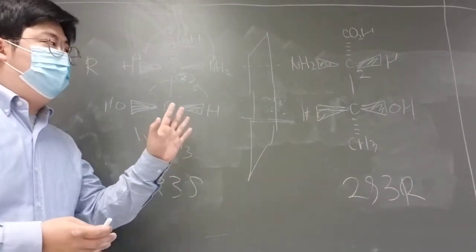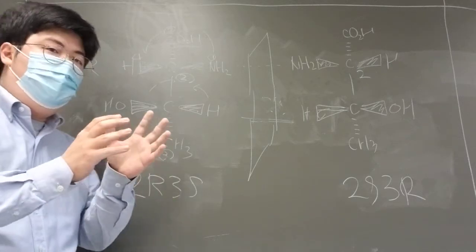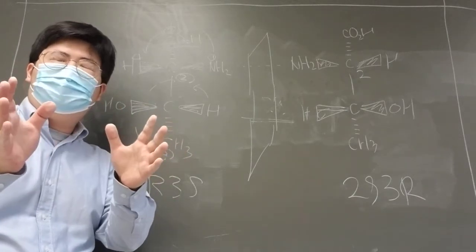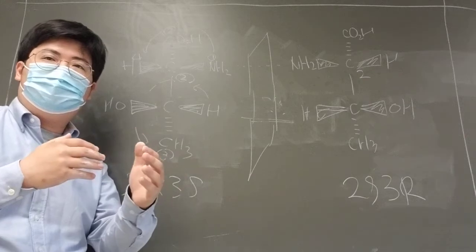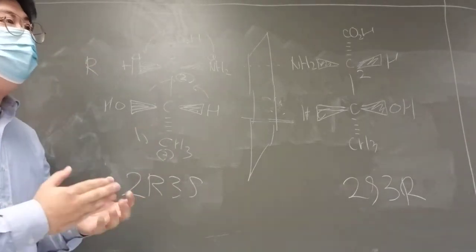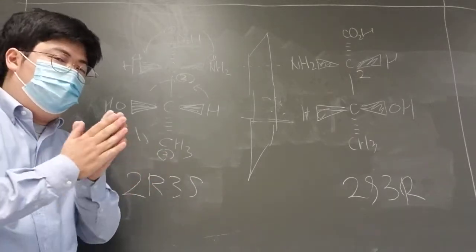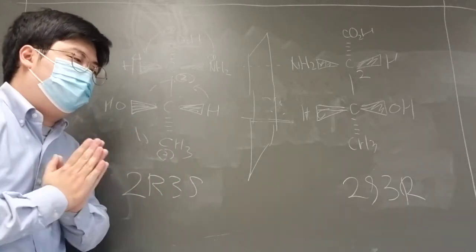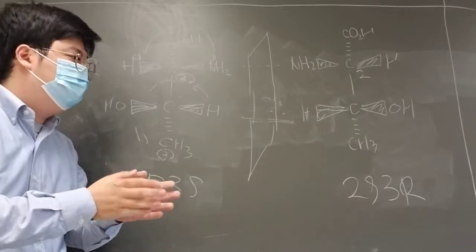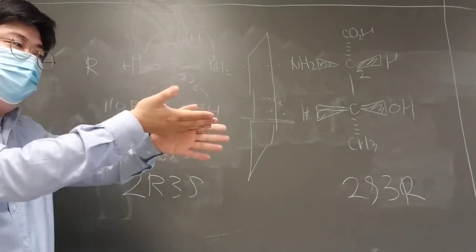That's it. So this is the reason why we care about this so much, because they have an optical property. Did you guys watch the previous lecture when we talked about the optical property? Optical property simply means whenever polarized light penetrates the sample, the polarized light will rotate.